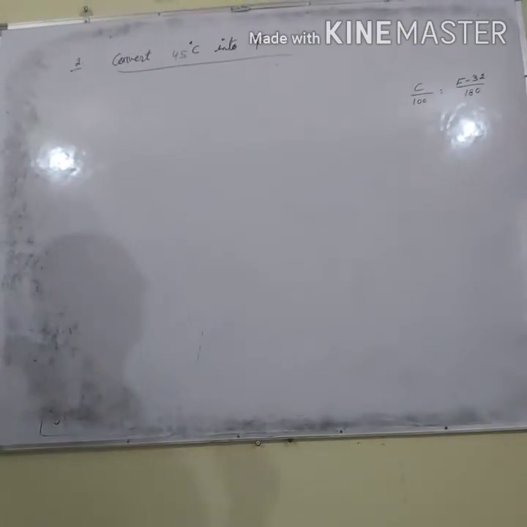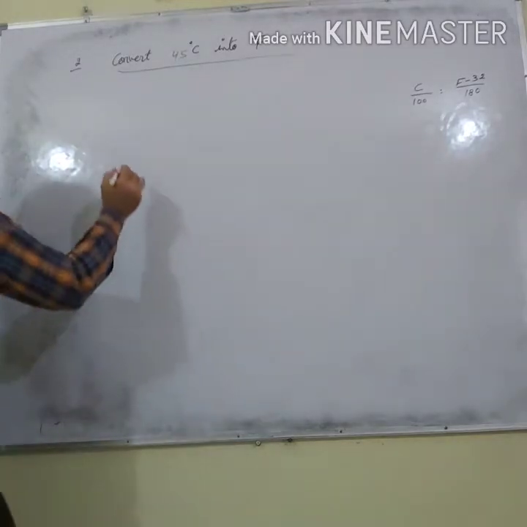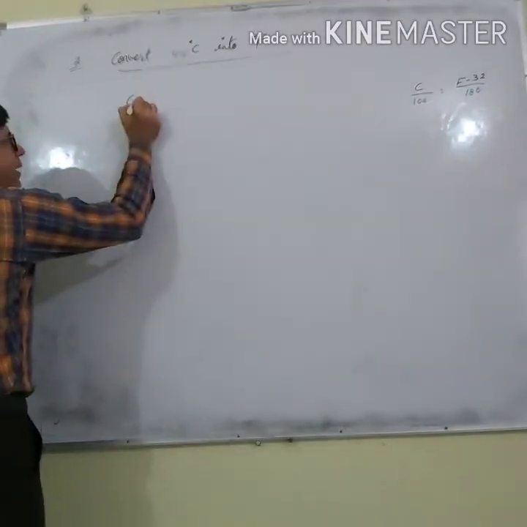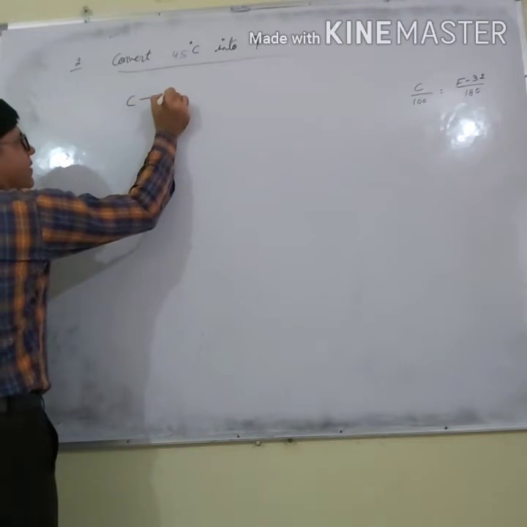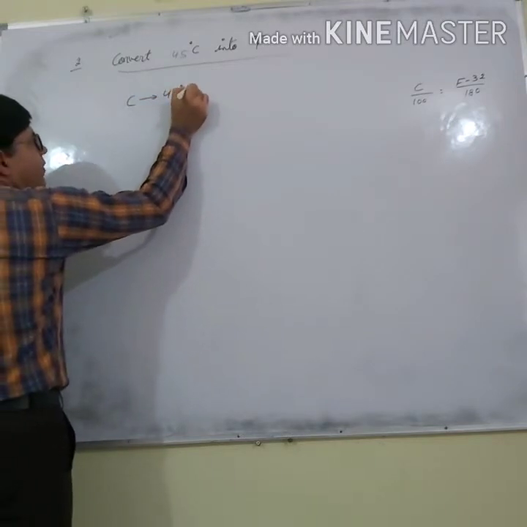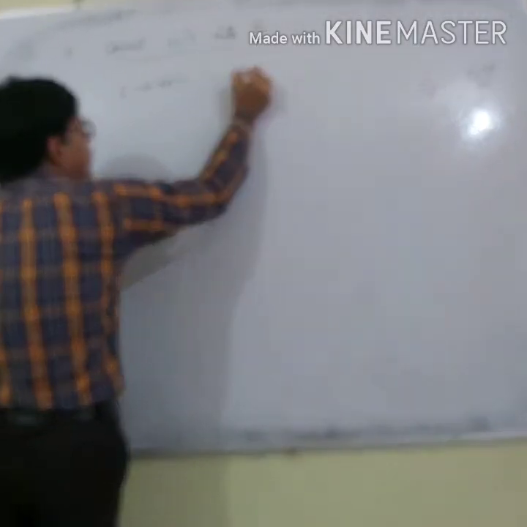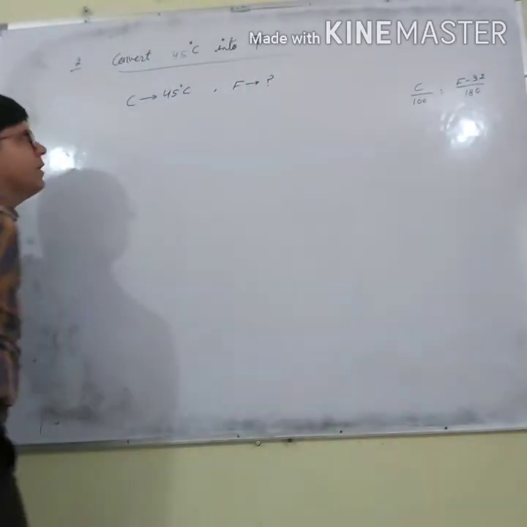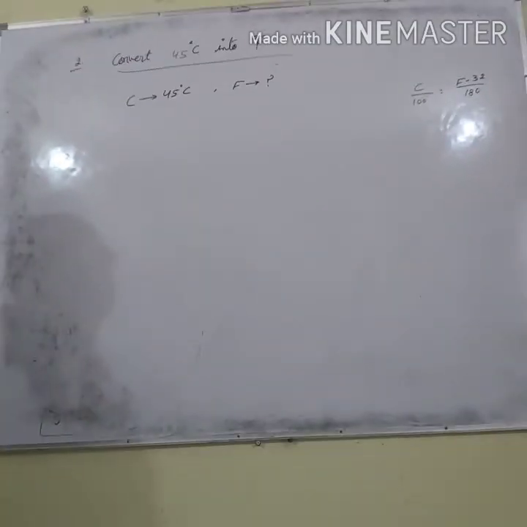How can I convert 45 degrees Celsius into degrees Fahrenheit? So what is given here? Temperature in Celsius. This is 45 degrees Celsius. What do I have to calculate? Temperature in Fahrenheit I have to calculate.